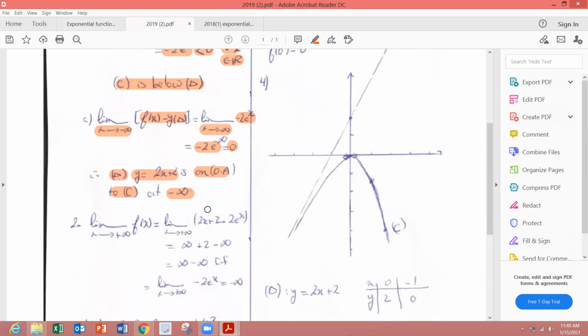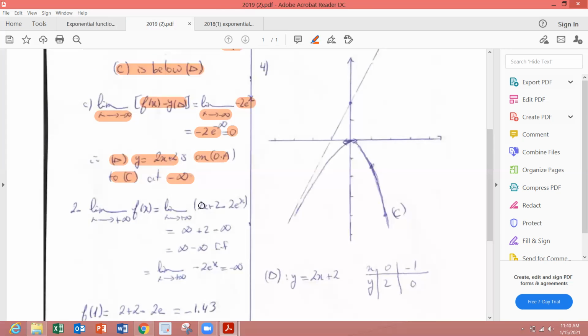The limit as x tends to plus infinity of f(x) equals the limit as x tends to plus infinity of 2x plus 2 minus 2e to the x. We replace each x by infinity: infinity plus 2 minus infinity.